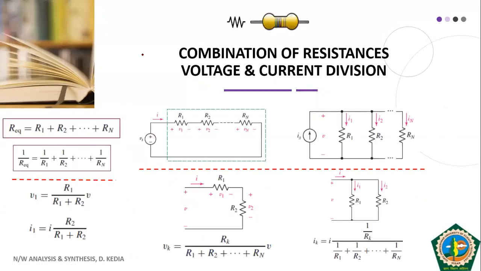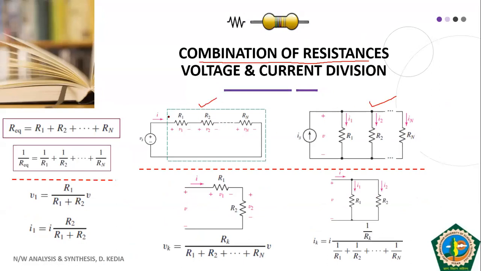This is a very simple concept you have been studying since your 9th, 10th, 11th also. You already know how we can combine resistances. Resistances can be combined in series and in parallel.